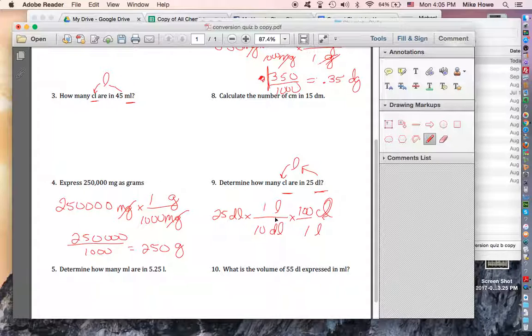Now 250 times 1 times 100 is 25,000. On the bottom it's 10 times 1, which is 10. So you divide that by 10. 25,000 divided by 10 is 2,500, and the unit is centiliters. And that would be your answer.